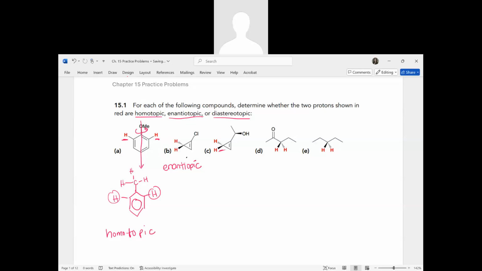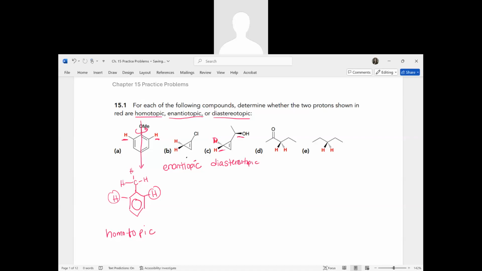We can see that we have this hydrogen on a wedge, as is this hydroxyl group. So if we did our replacement test, say we replaced one or the other of these with a D here, we would see that these hydrogens are diastereotopic because the compounds are diastereomers. Diastereotopic. Okay.